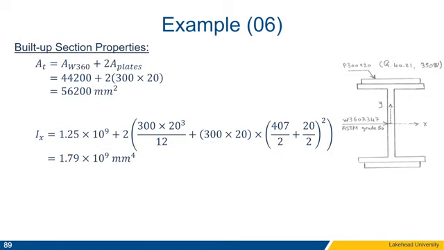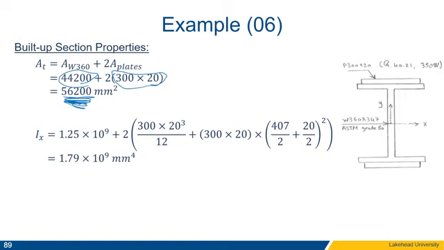So areas and inertias. We will start with the areas, which are easy. You will just add the area of the I-beam, and you will add 2 multiplied by the area of the plates, because we have 2 plates, one on top and one on the bottom, so we get the full area of the built-up section. Now we need to check the combined inertia of the built-up section.